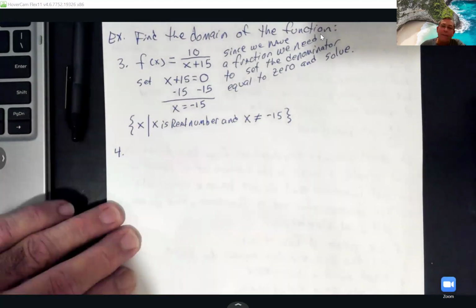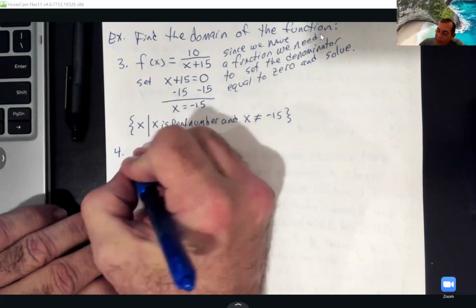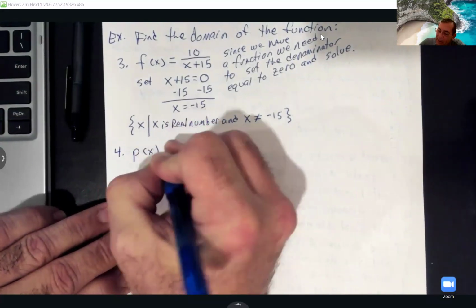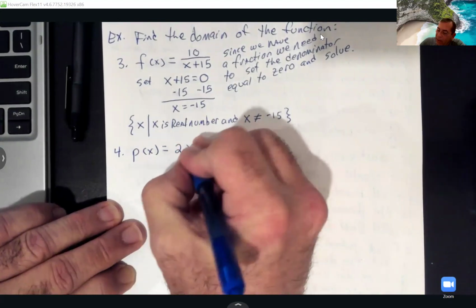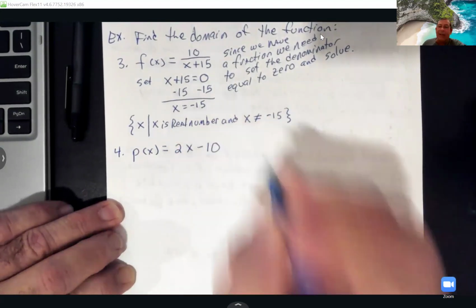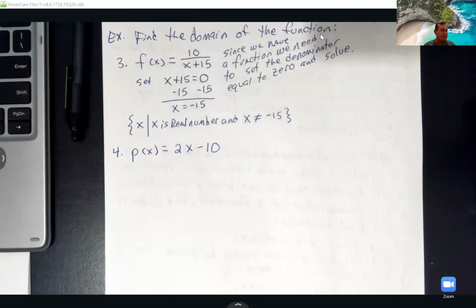All right, y'all. Let's try P of x equals 2x minus 10. So let's think about this one. What do y'all think this domain is? I got a P of x equals 2x minus 10.